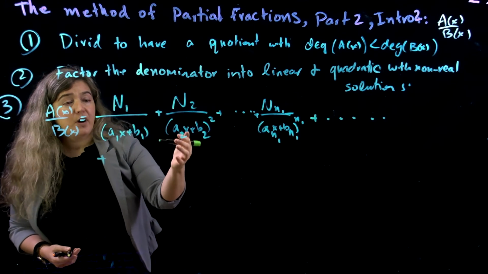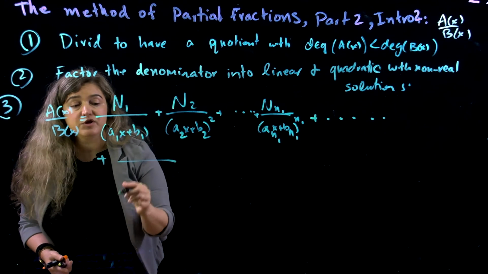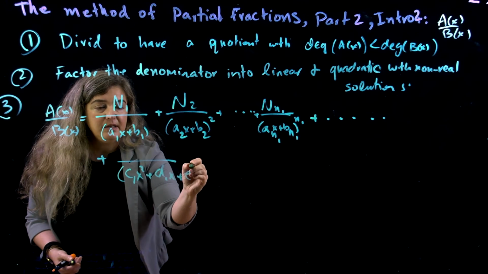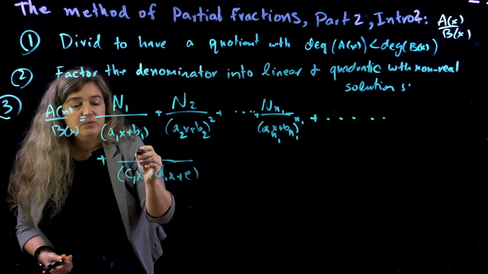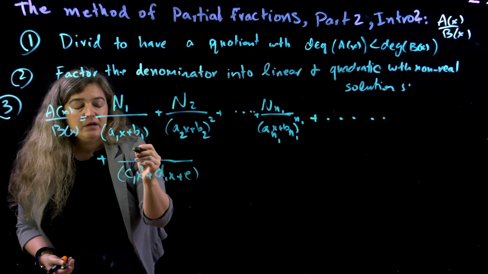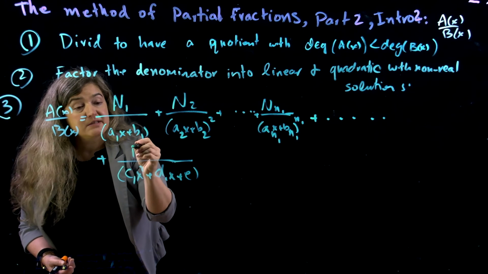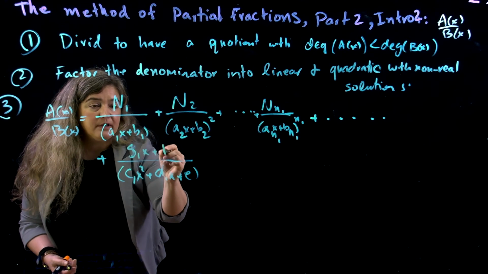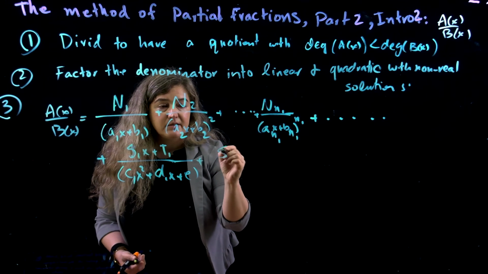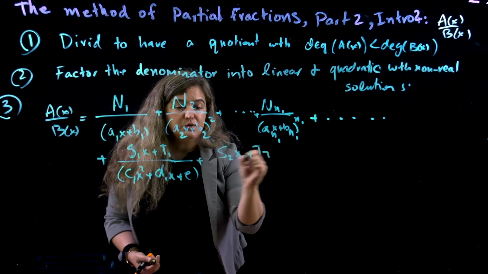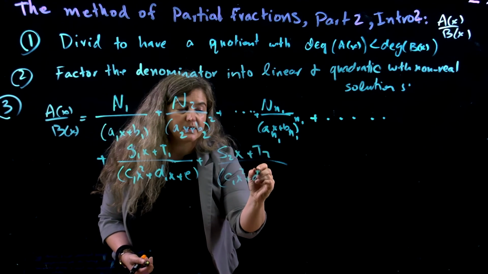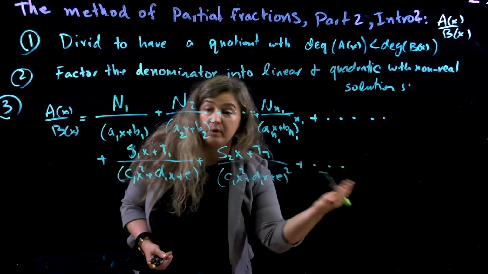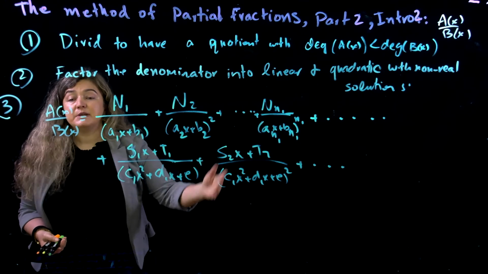And then for every quadratic that has no real solution, say c1x squared plus d1x plus e, you want in the numerator S1x plus T1, and plus S2x plus T2 if this quadratic comes in a higher power, and so on, as many as the power is.